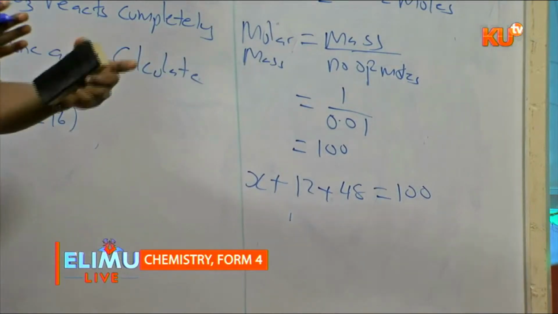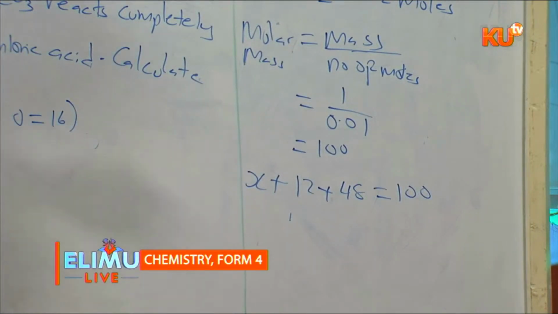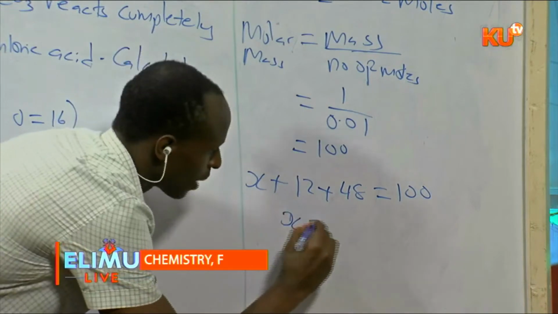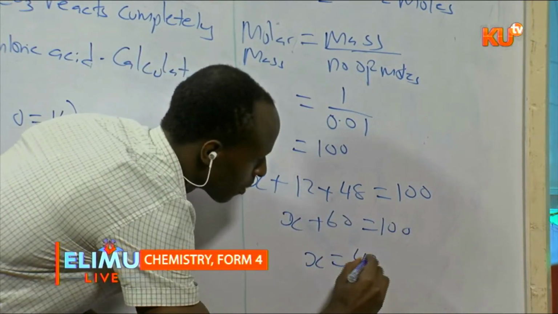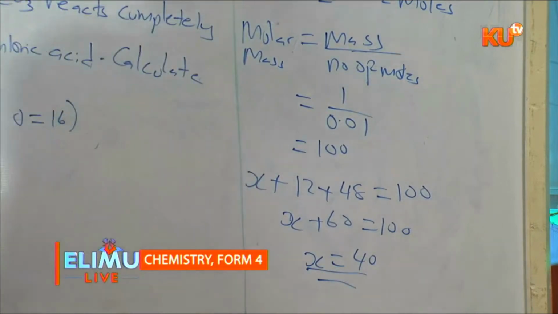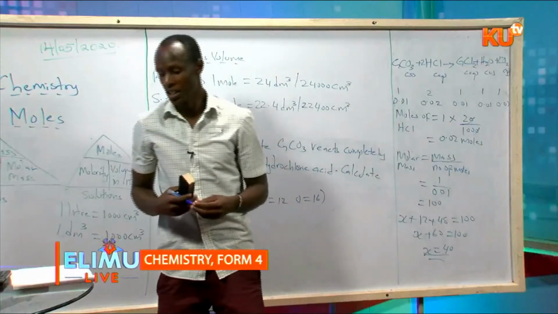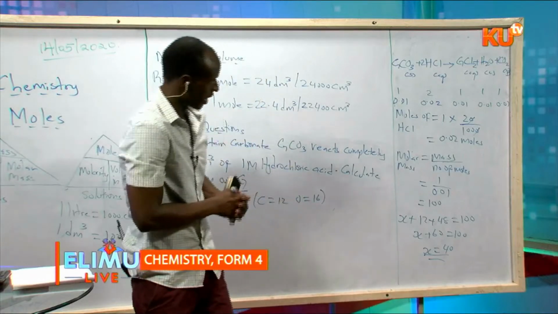Because the whole mass of the carbonate is 100. Then this is an equation, so it becomes X plus 60 equals 100. So automatically X is 40. X is 40, so it means the RAM of the metal is 40.